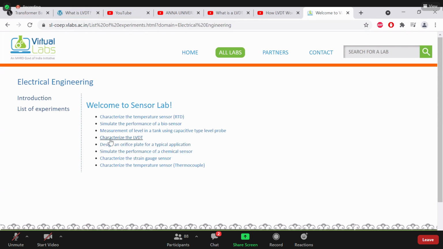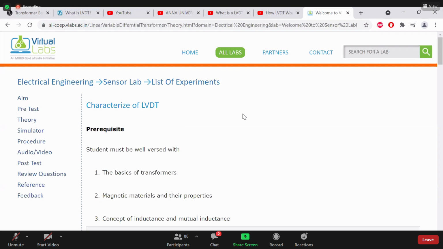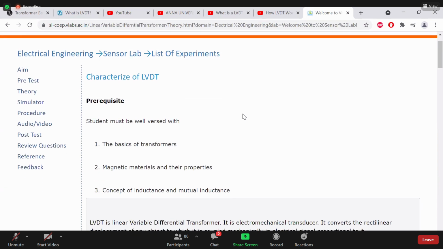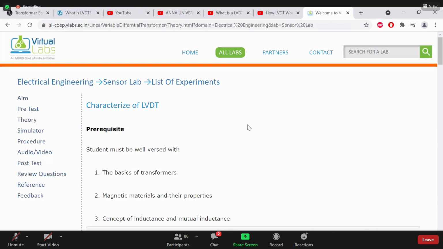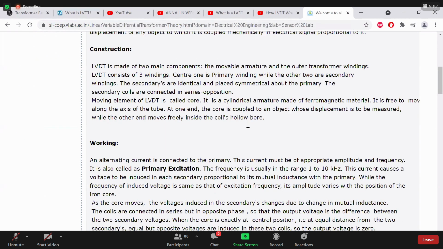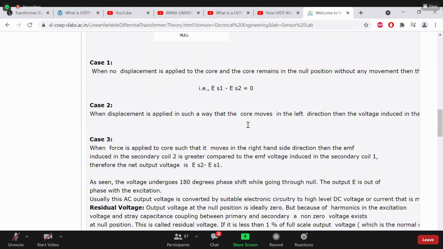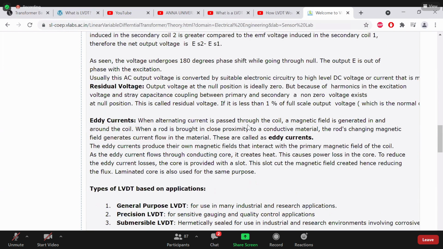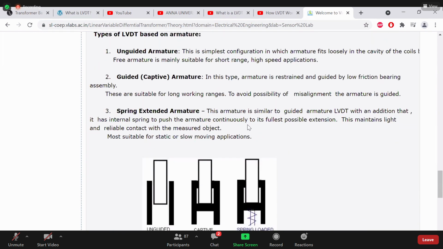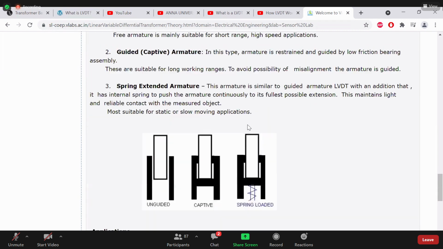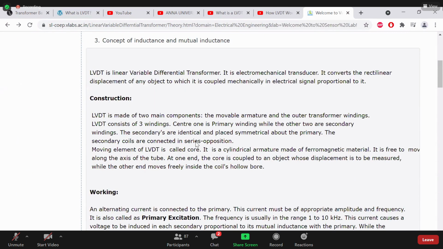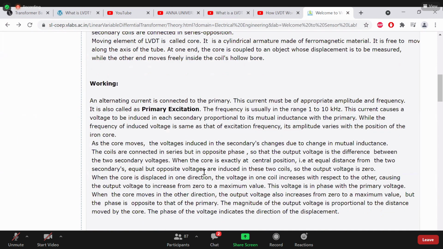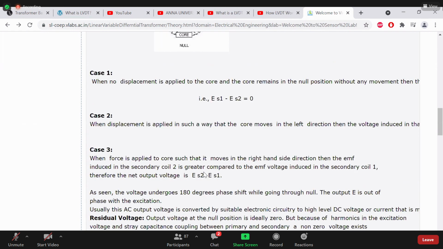Click on characterize the LVDT, and you'll get this page. Here you can go to theory. Students, go through this theory for 5 minutes, then we will do our experiment. Read this theory about LVDT.